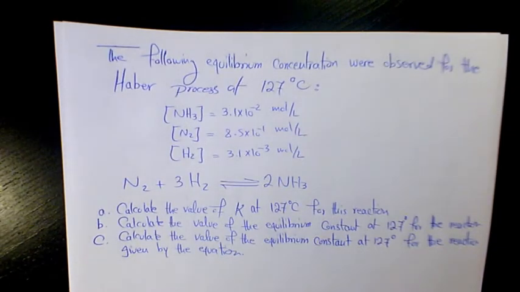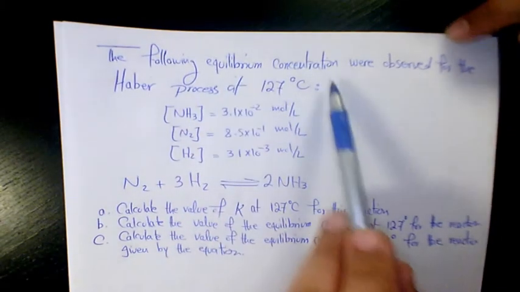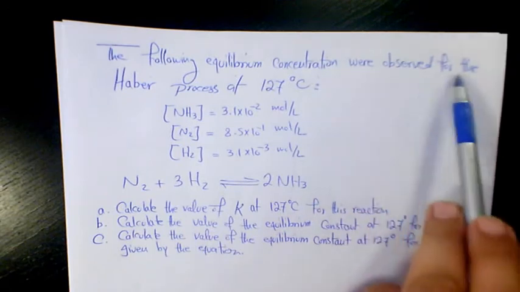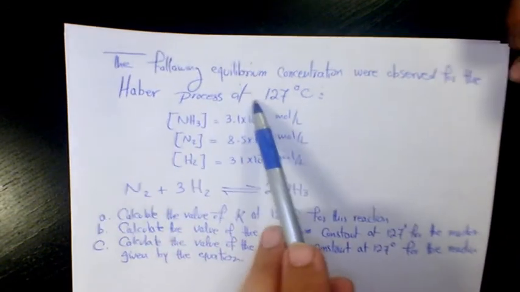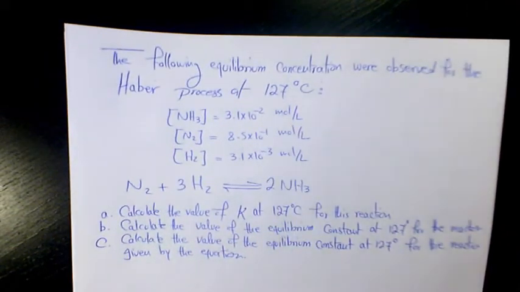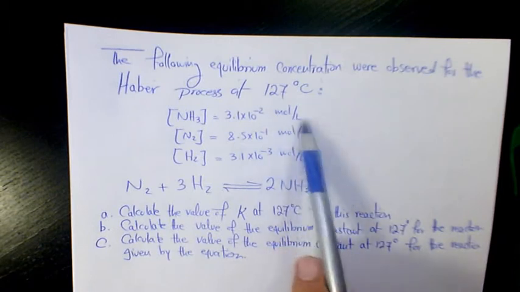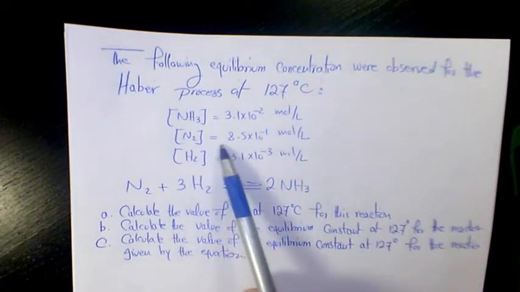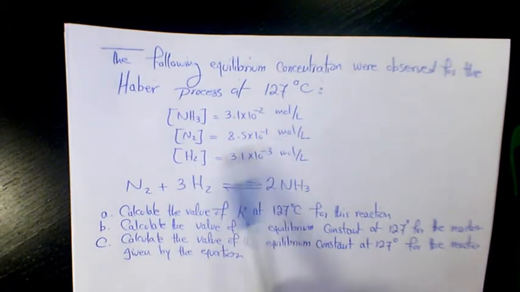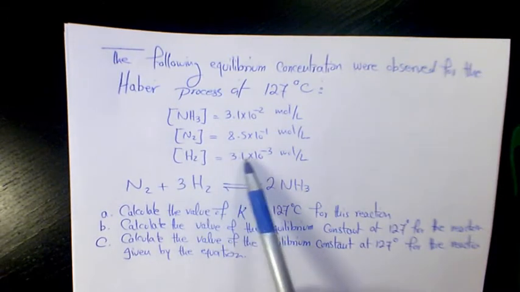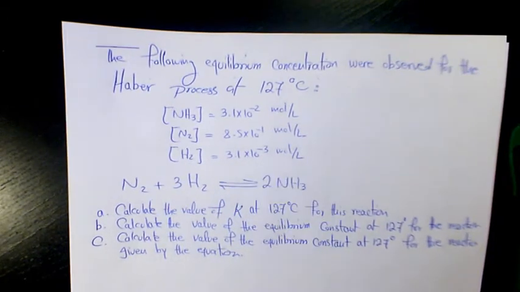Here in this example, it says the following equilibrium concentrations were observed for the Haber process at 127 degrees Celsius. The concentration of ammonia is 3.1 times 10 to the power of negative 2 mole per liter. Concentration of N2 is 8.5 times 10 to the power of negative 1. H2 is 3.1 times 10 to the power of negative 3.